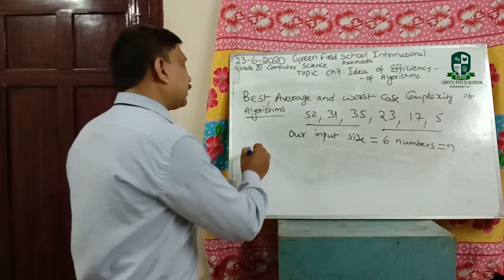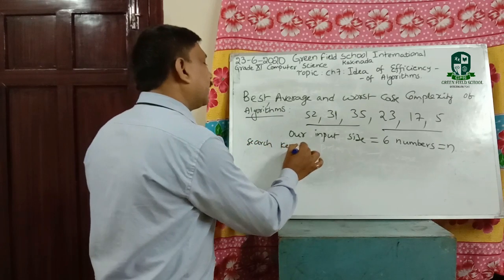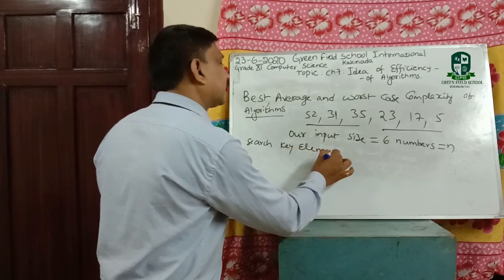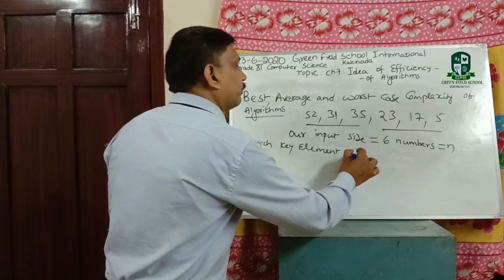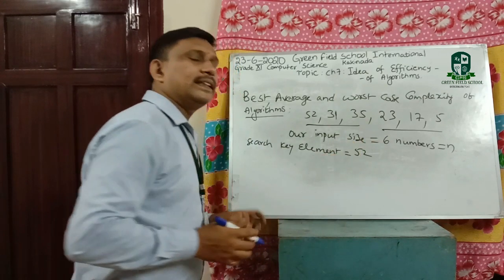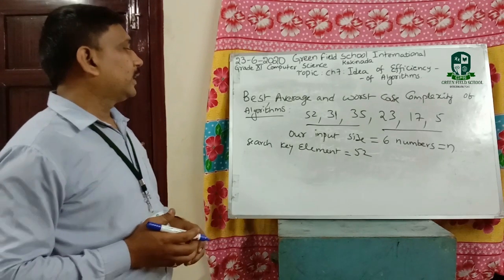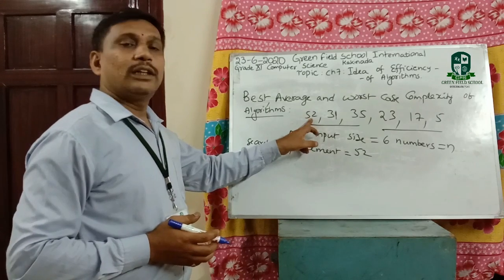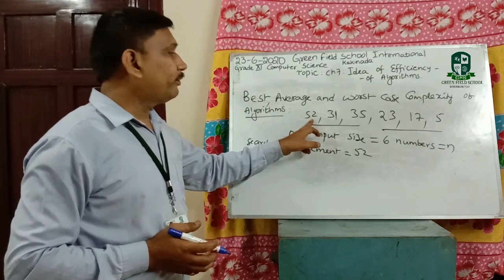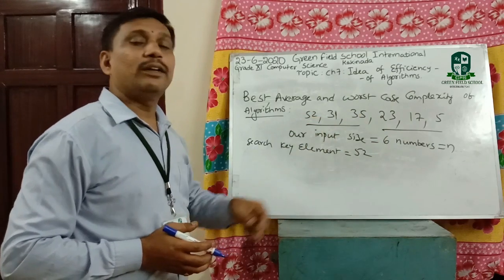I search for my search key element, which is, for example, 52. My search key element is 52. So in this problem I am searching for the element 52, where it is placed in this list of elements.